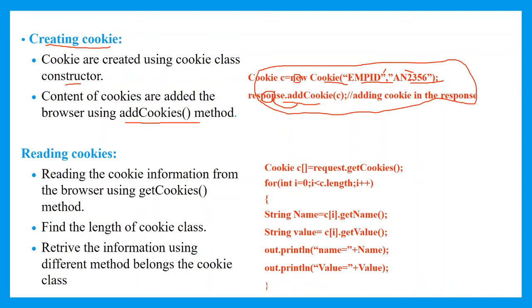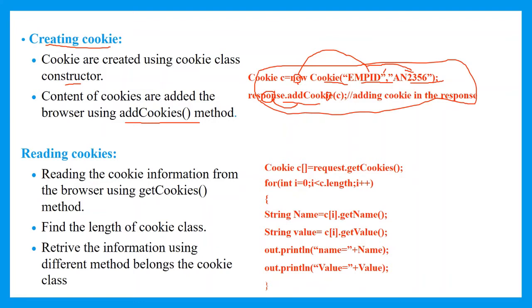The addCookie method takes one argument, the object of the cookie, which is the information I want to add. Here the object is c. The object c is holding the name as well as the value. This name and value are going to be added to the cookie. Similarly, I can also apply different methods which are available in the cookie class. Now this is a simple program.